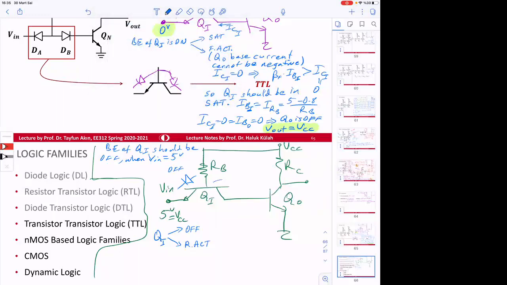So notice that there is this diode here. Okay. So is there a current path here? Yes. If yes, then that junction should be on.